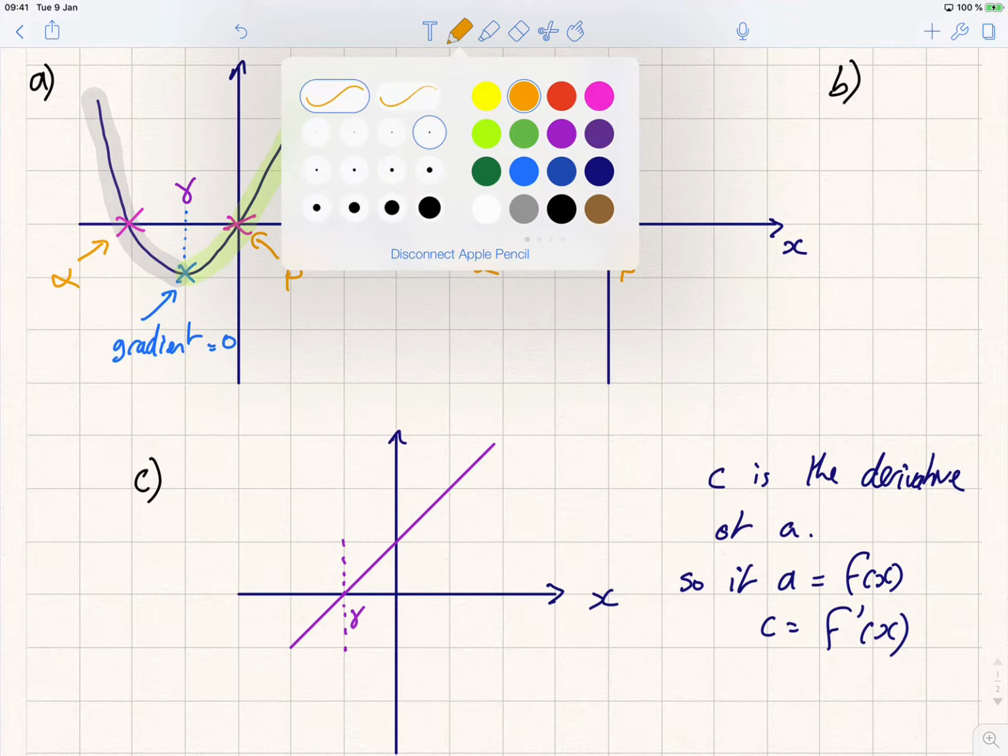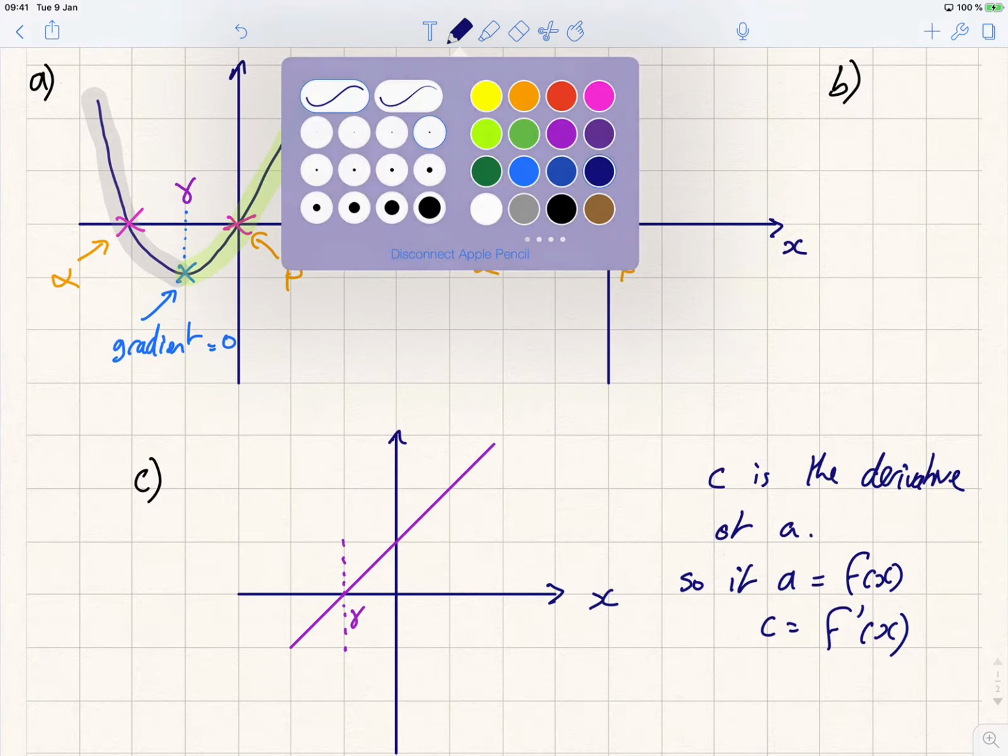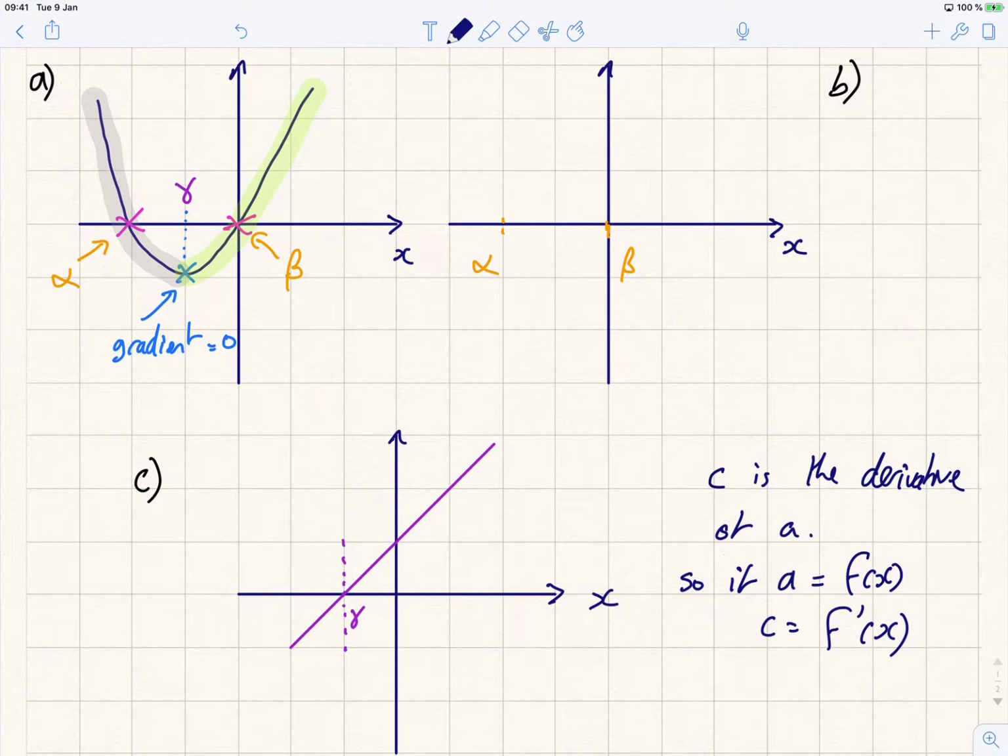The gradient of the gradient function is negative, but the gradient of the original function is positive. I understand that's difficult, but it goes positive gradient, positive gradient, positive gradient, and then there. Now it's very hard to draw this properly, but let's say it does something like this, and then at beta we have a negative gradient, negative gradient, negative gradient, then it's a turning point, and then we have positive.